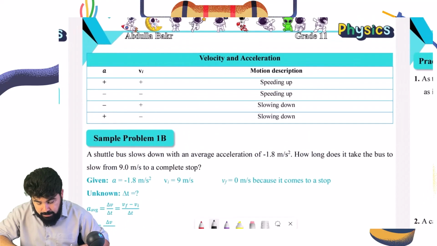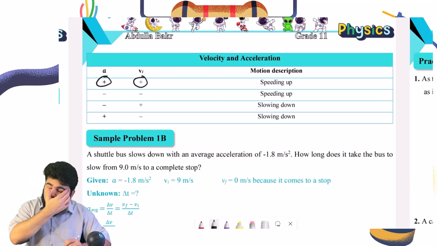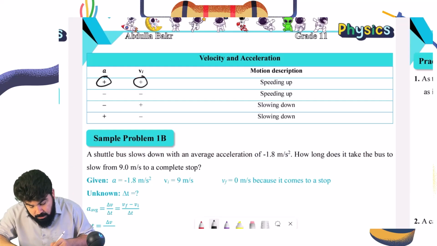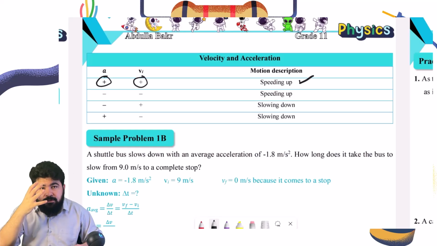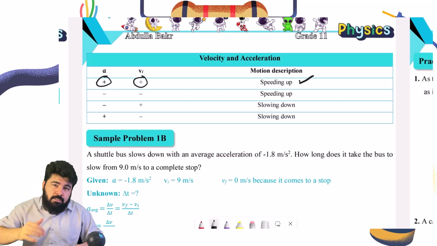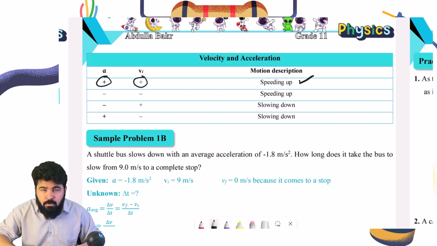Let's take a look at these notes. It says acceleration is positive and V initial, or velocity, is positive. It means the car is speeding up. If the acceleration is positive and velocity is positive, the object is speeding up. What if both are negative? Don't get tricked by this negative.